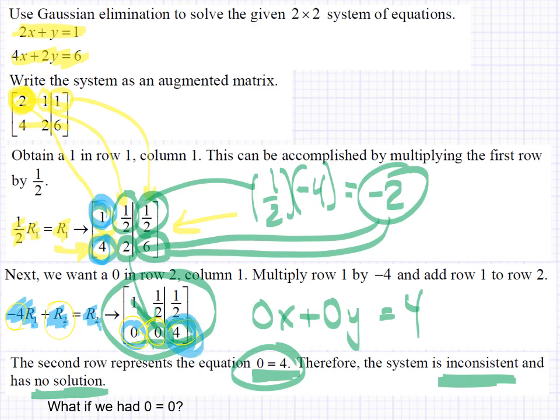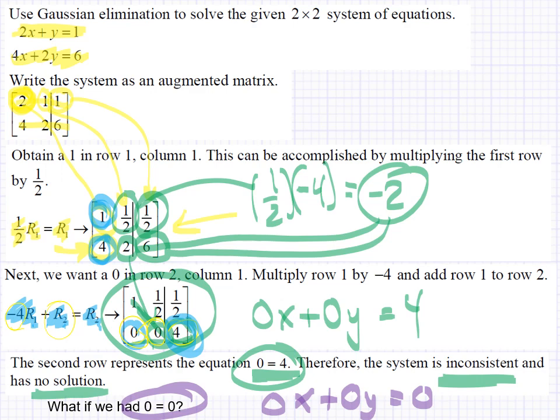In which case we would have had 0x plus 0y equals 0, or simply 0 equals 0. What would that mean? That would tell me that the two lines are the same line, and therefore we have a consistent system, with infinitely many solutions.